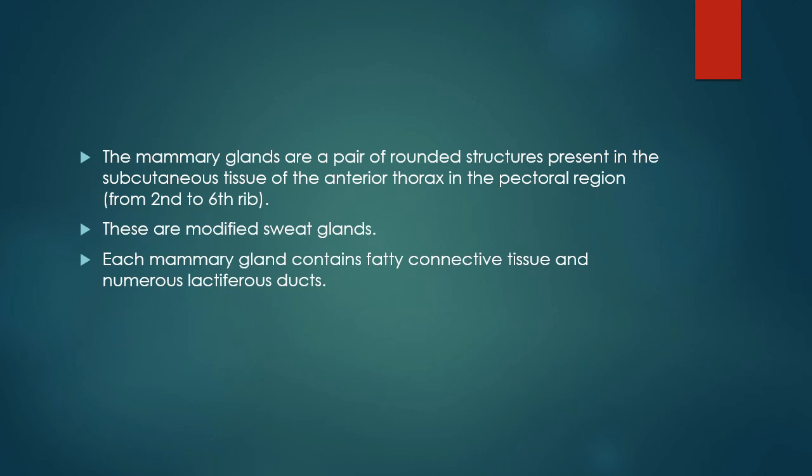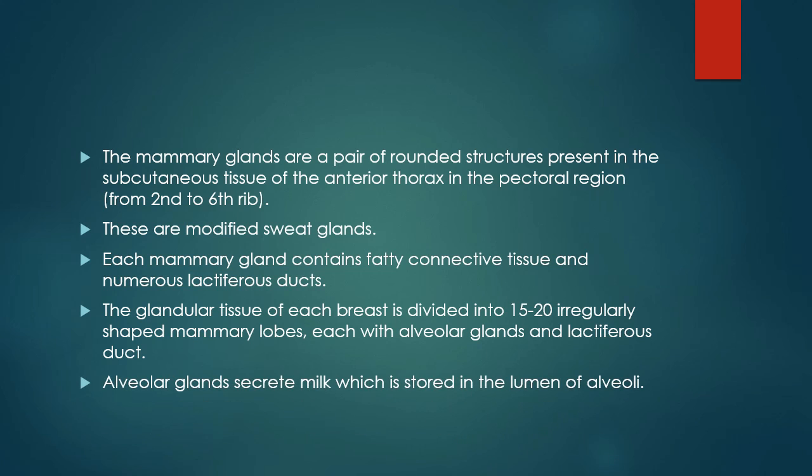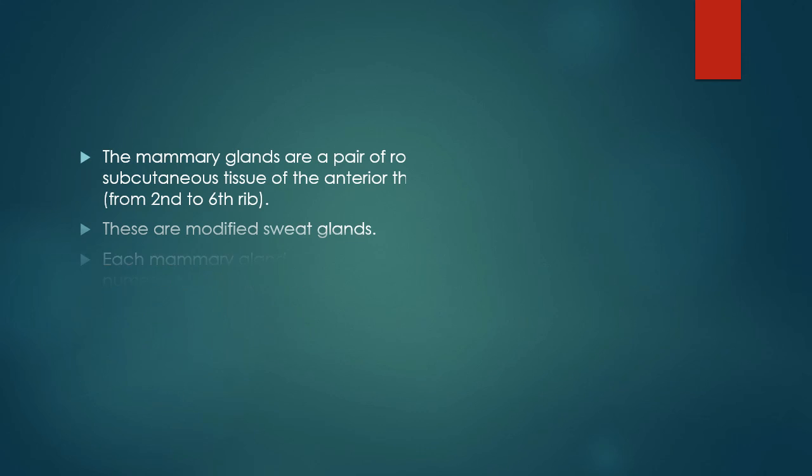Each mammary gland contains fatty connective tissue and numerous lactiferous ducts. The glandular tissue of each breast is divided into 15 to 20 irregularly shaped mammary lobes, each with alveolar glands and a lactiferous duct. Alveolar glands secrete milk, which is stored in the lumen of the alveoli.